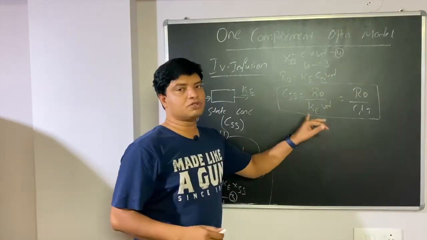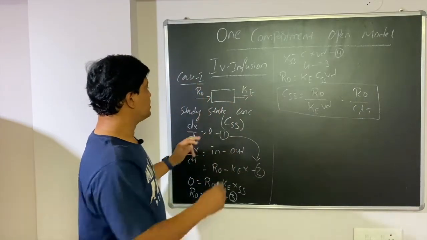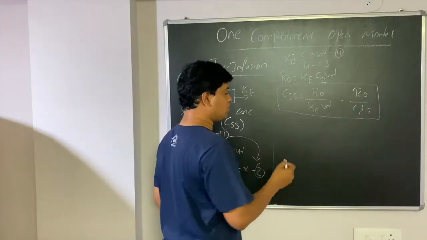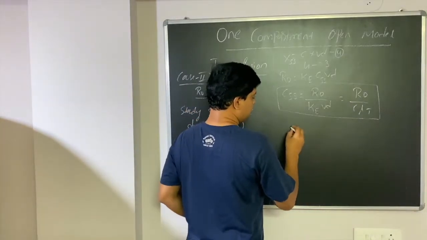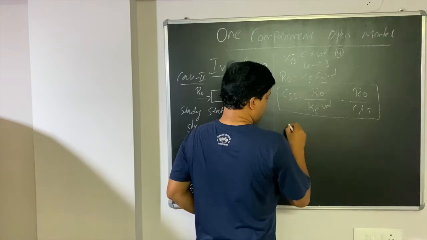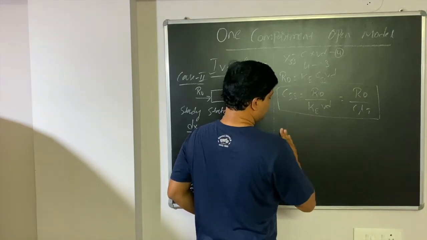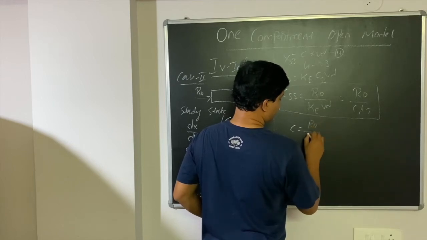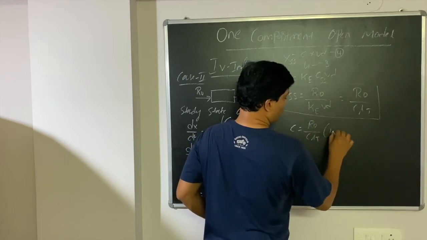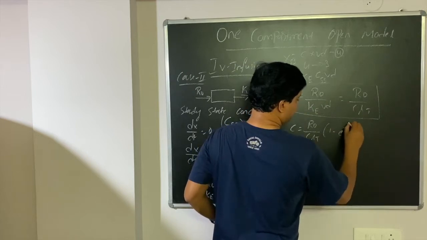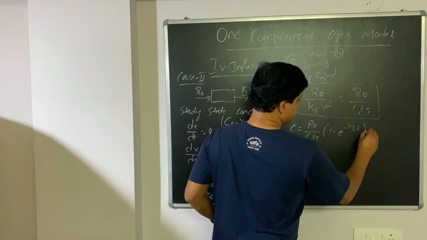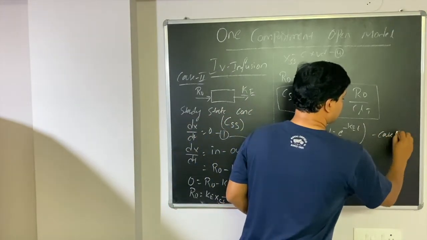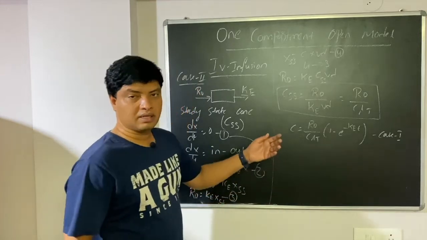Now we need to substitute this case 2 equation in case 1. What is the case 1 equation? The concentration is equal to R naught by CLT into 1 minus e to the power of minus Ke T. This is the equation we got in case 1, plain infusion.